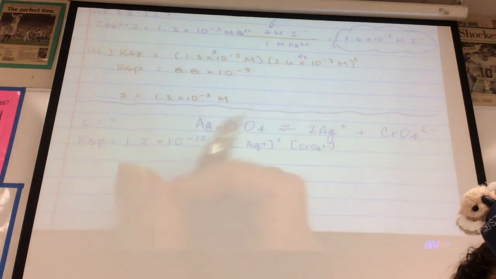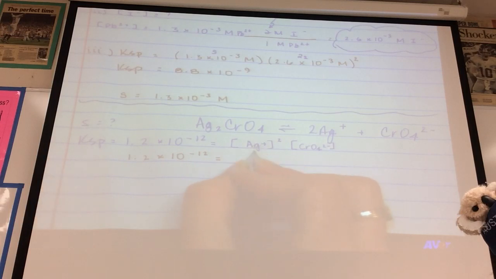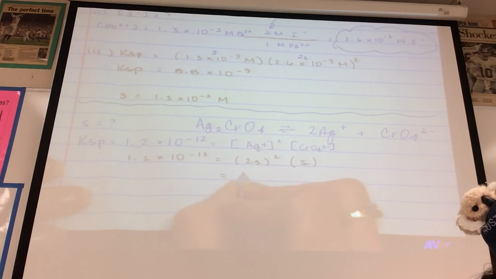All right. So we have 1.2 times 10 to the negative 12 is equal to, what am I going to replace silver ion with? 2S squared. And this will be? So that will be 4S to the 3rd.